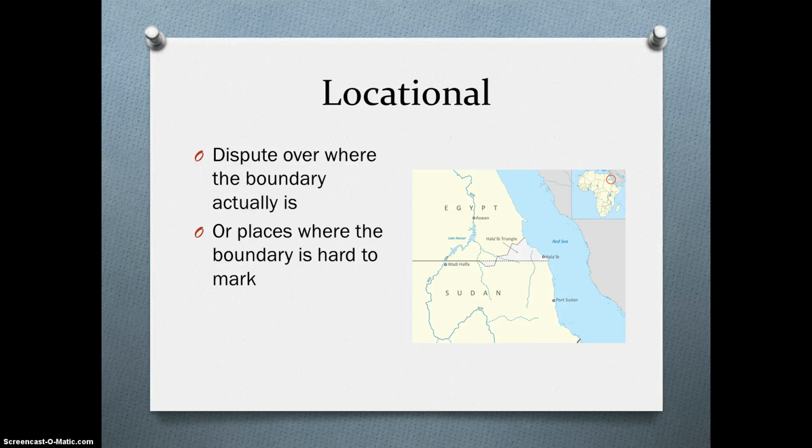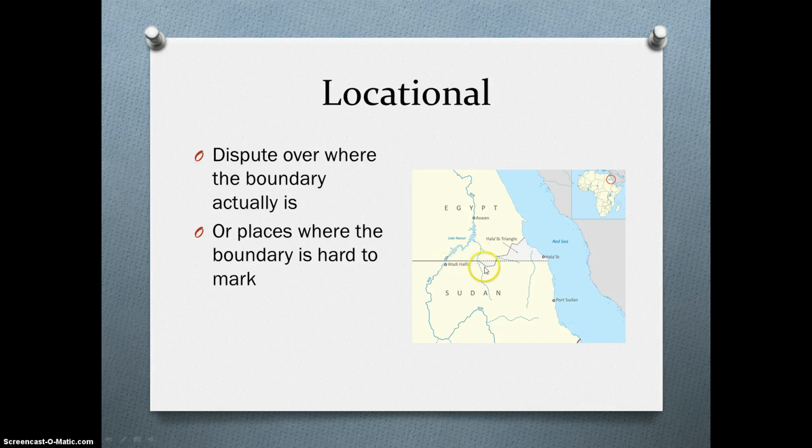What's interesting about this little picture I have here is that this is currently a boundary dispute between Egypt and Sudan. And so what you have here is this area called the Halaib Triangle. It's very well populated. It's got plenty of natural resources, and both countries want this particular area. And then there's this little area over here that's virtually uninhabited, no natural resources, and a place that these two countries don't want.